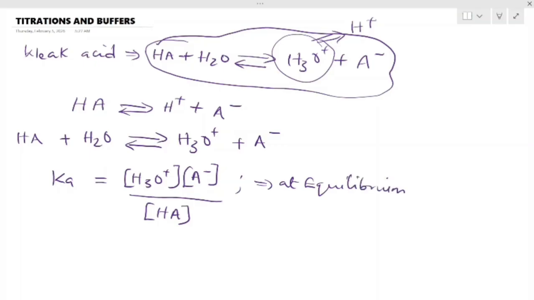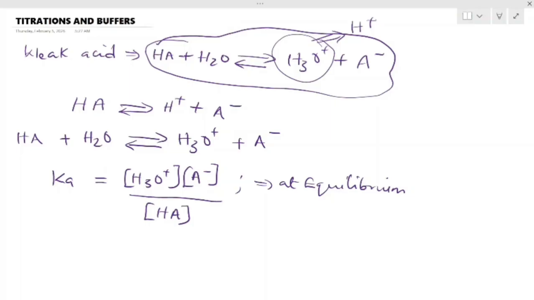Alright, so if we rearrange this equation, we could make the proton, which is represented here by H3O plus, the subject of the formula. I told you earlier that it's the same thing as H plus.